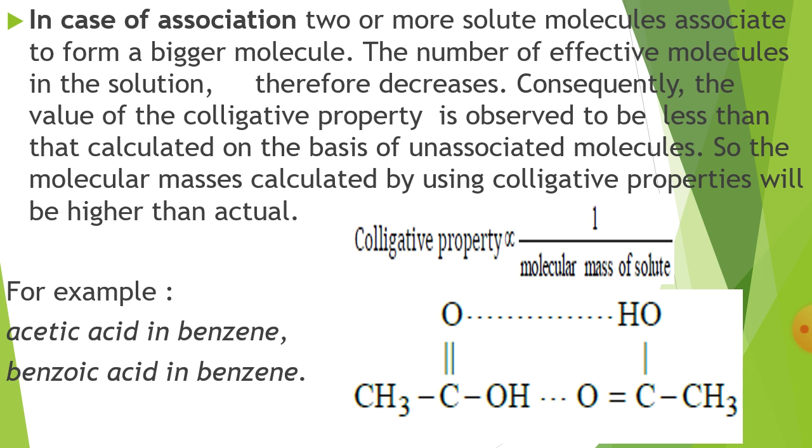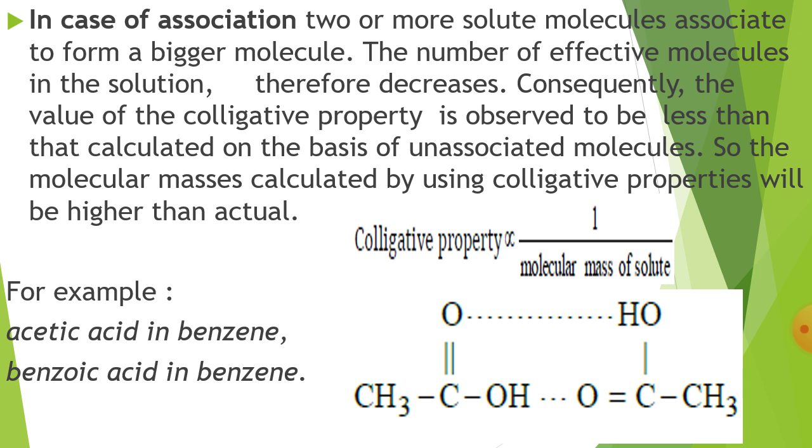Consequently, the value of the colligative property observed is less than that calculated on the basis of undissociated molecules. So the molecular mass calculated by using colligative properties will be higher than actual. That is, colligative property is inversely proportional to molecular mass of solute.